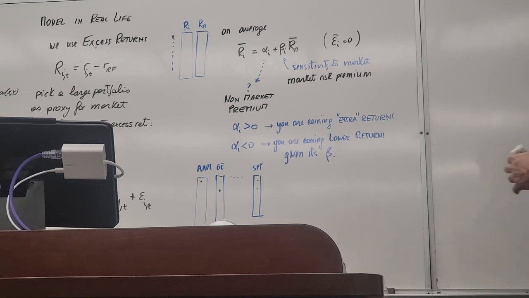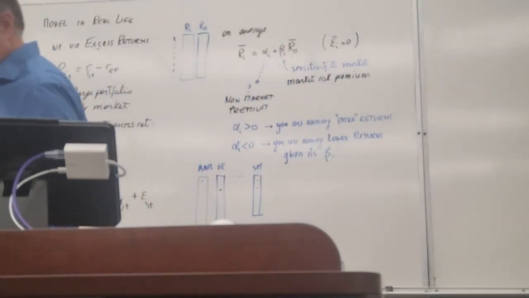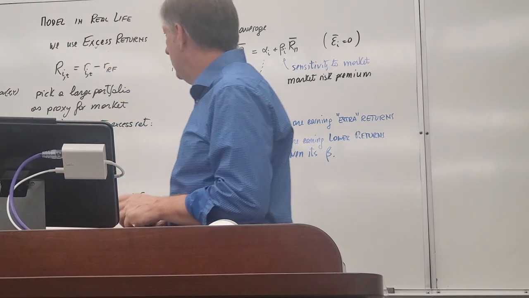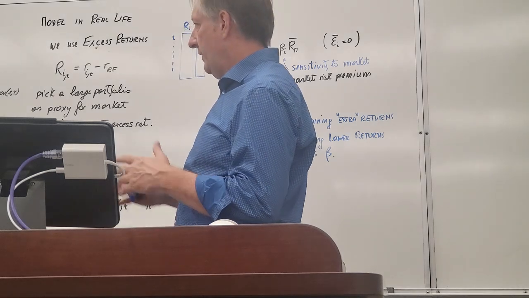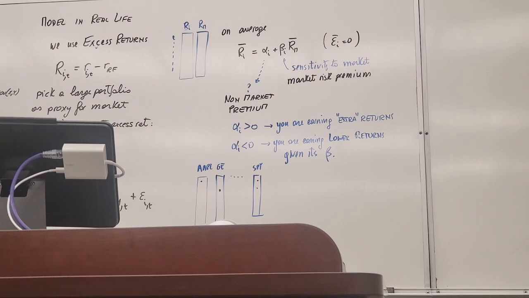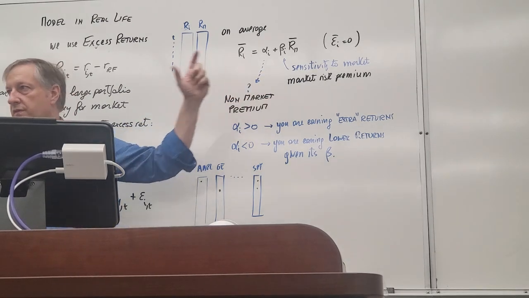Alright, so now we know all that stuff. Let's move on to the multi-index model. Now, one thing to keep in mind, if you remember, this whole model was developed so that we could estimate covariances just by running a regression and obtaining the beta for each individual asset.